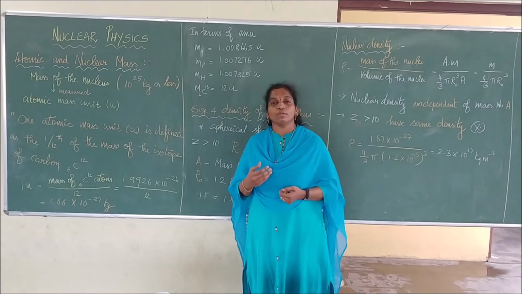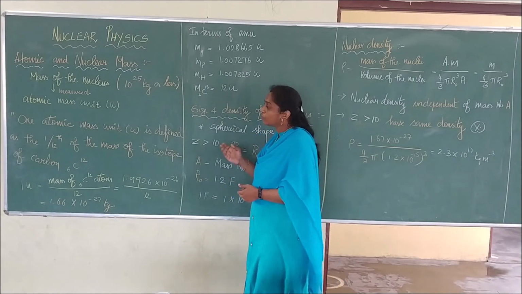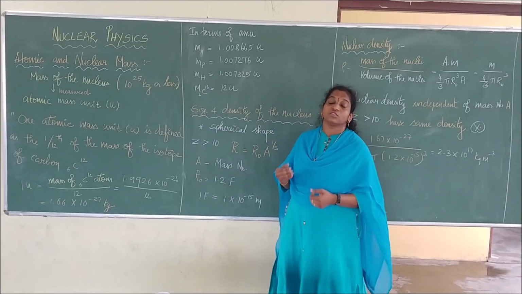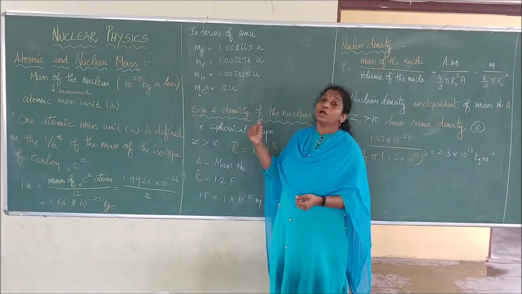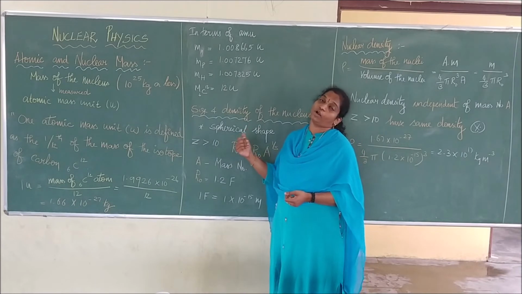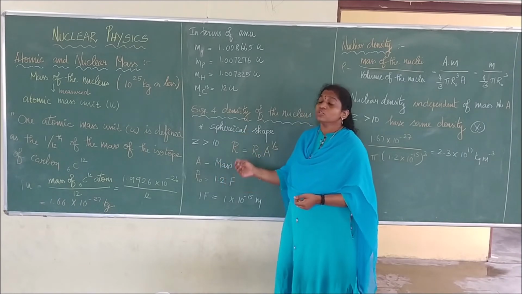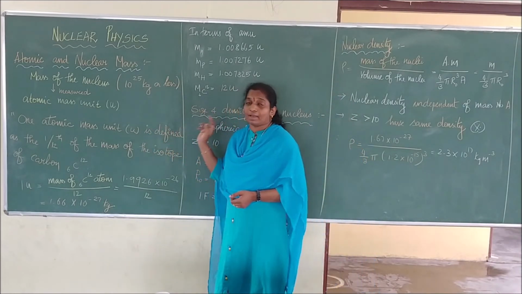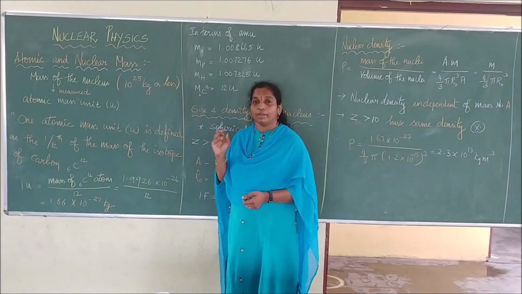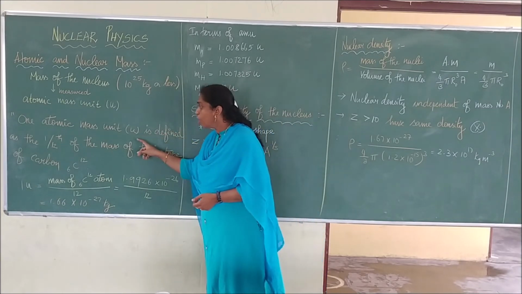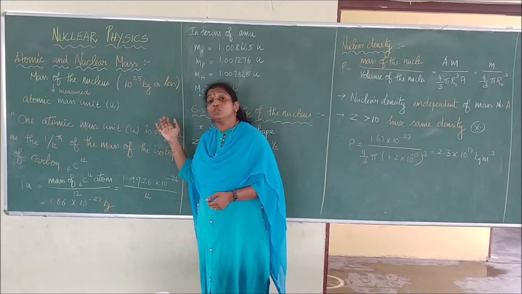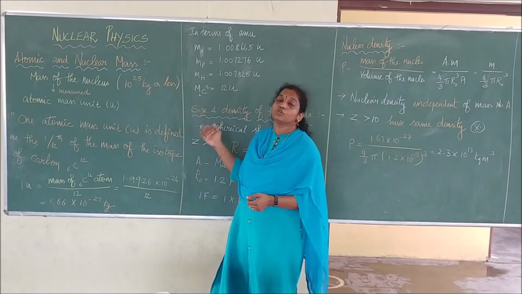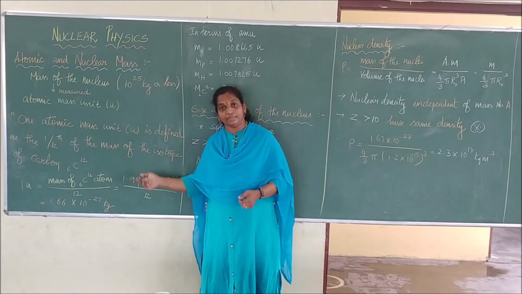So what does the atomic mass unit stand for? The atomic mass unit is defined as 1/12 of the mass of an isotope of a carbon atom. It is represented by the symbol u, and one atomic mass unit is defined as 1/12 of the mass of the carbon isotope C-12 atom.